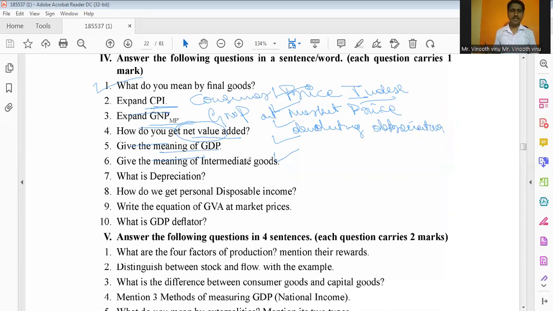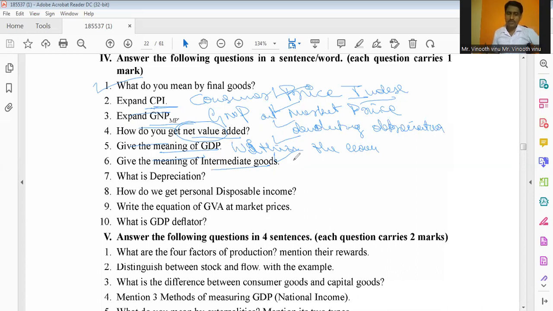What is the meaning of GDP? GDP is the value of goods and services produced within the economy. Okay, what are intermediate goods?